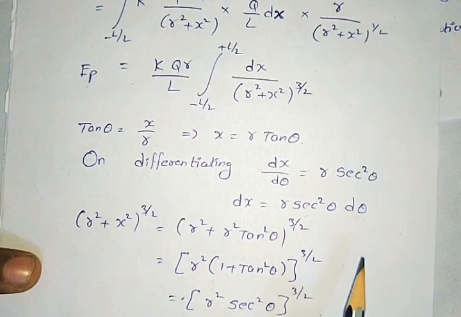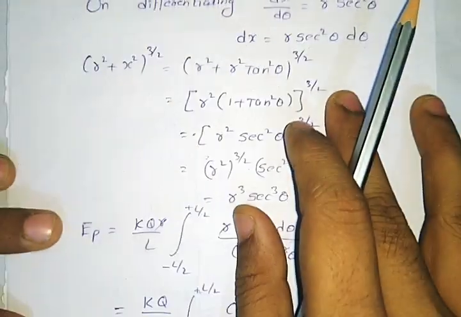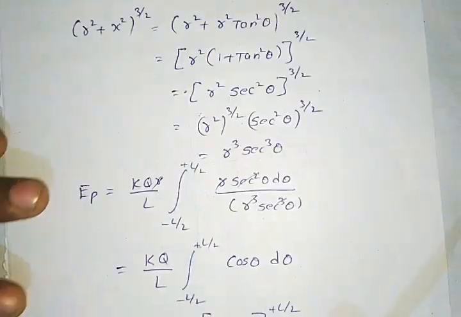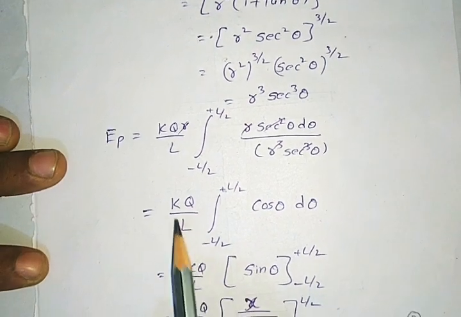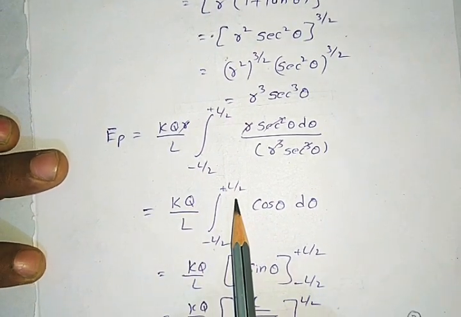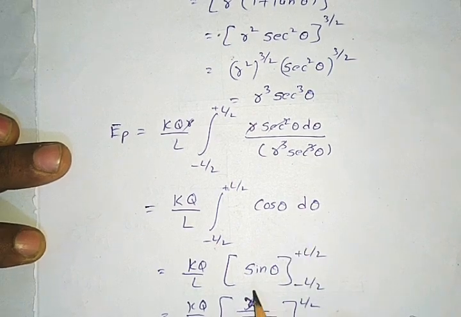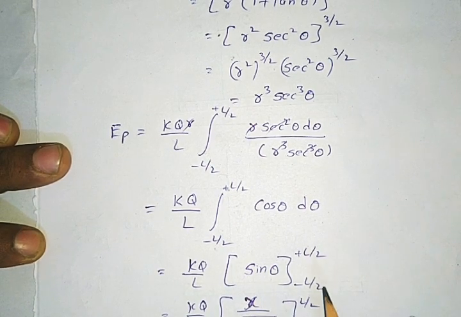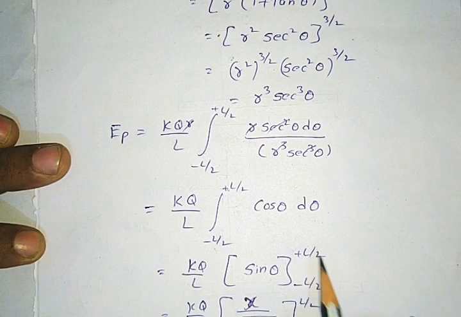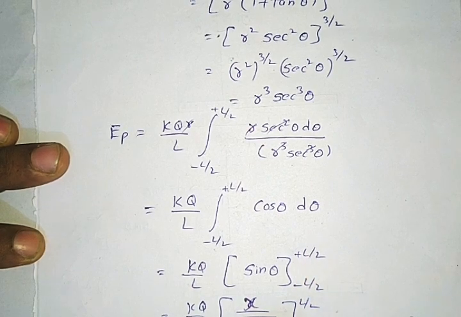This again we substitute in this step. Substituting all the values, we get the result as k q by r L integral from minus L by 2 to plus L by 2 of cos theta d theta. Again, the integral of cos theta is sin theta, with the limits from minus L by 2 to plus L by 2. So this will be k q by r L.